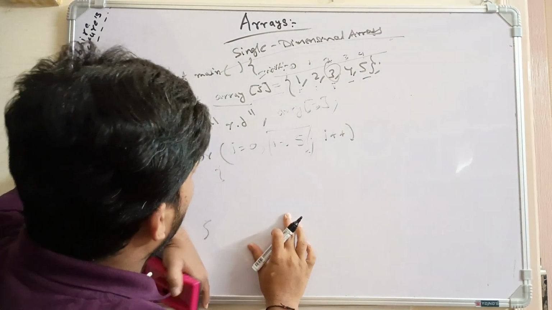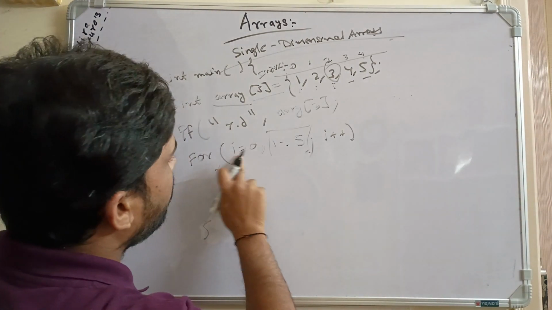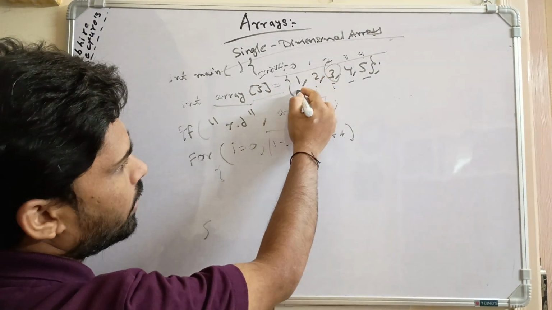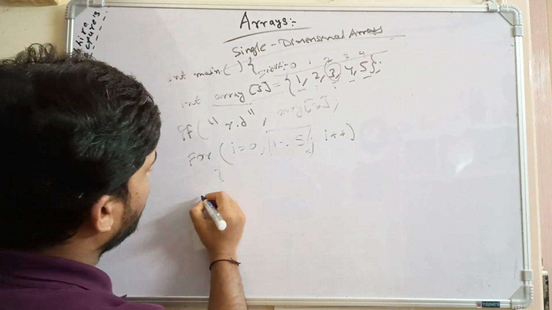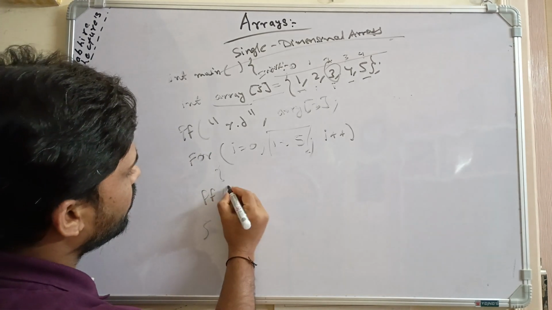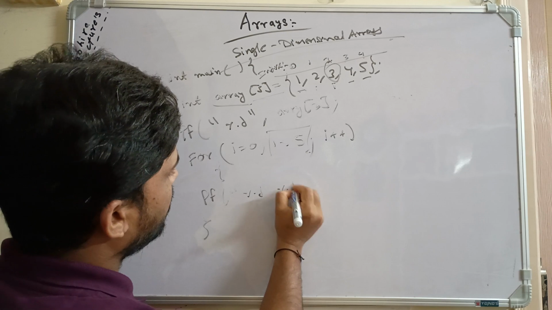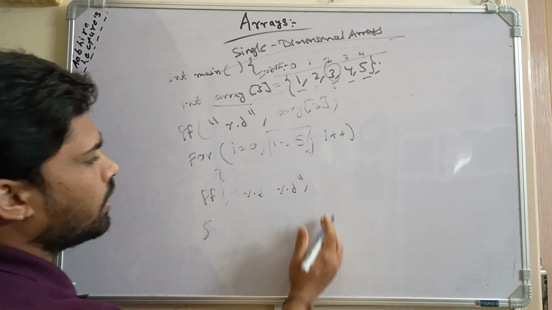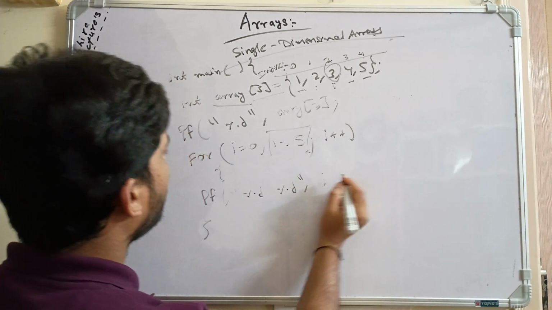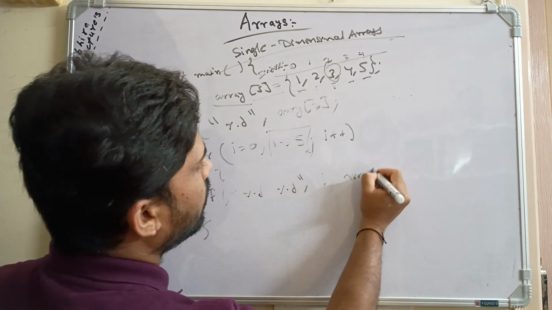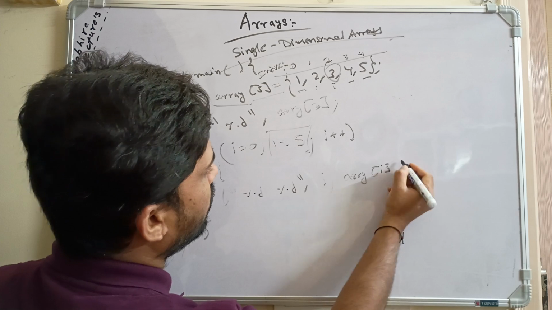So see, i equal to 0 is given here, so it will take i as an index. What is the index 0? It will print. And here we will print percentage d, percentage d, then i and array of i.